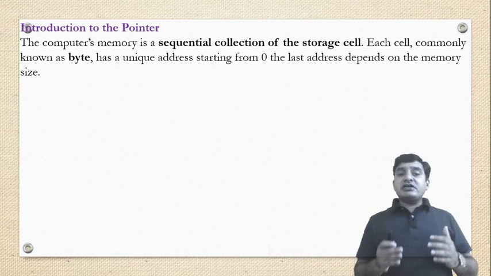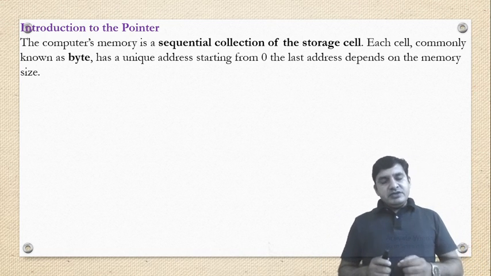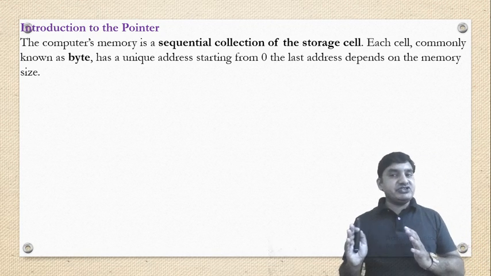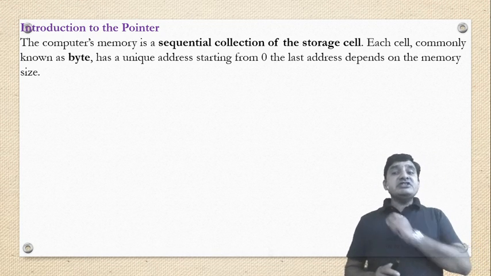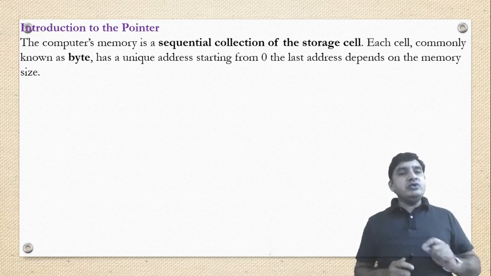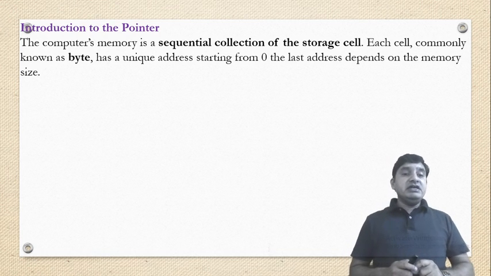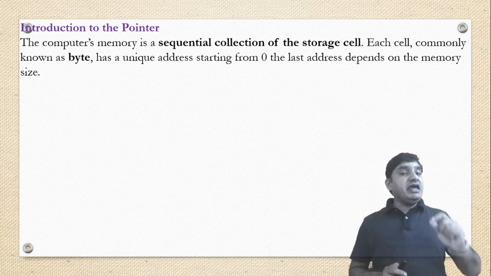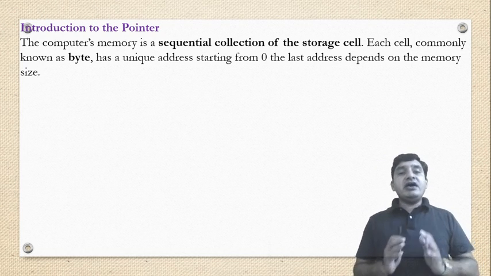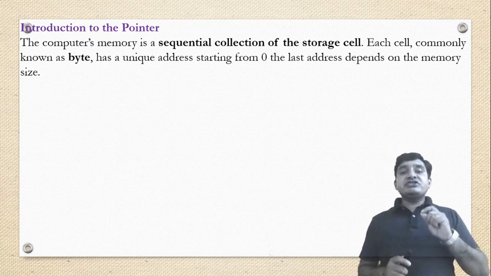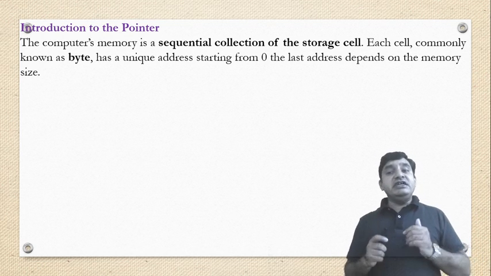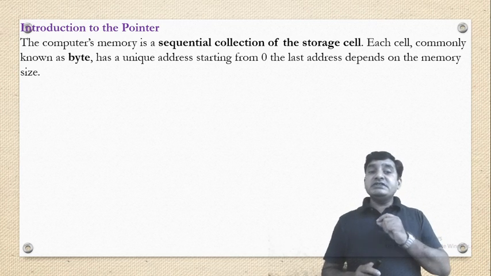If we consider the computer memory, then the computer memory is a sequential collection of storage cells. Each cell is commonly known as a byte. We know that one byte is 8 bits and each byte has a unique address starting from 0, and the last address depends on memory size.